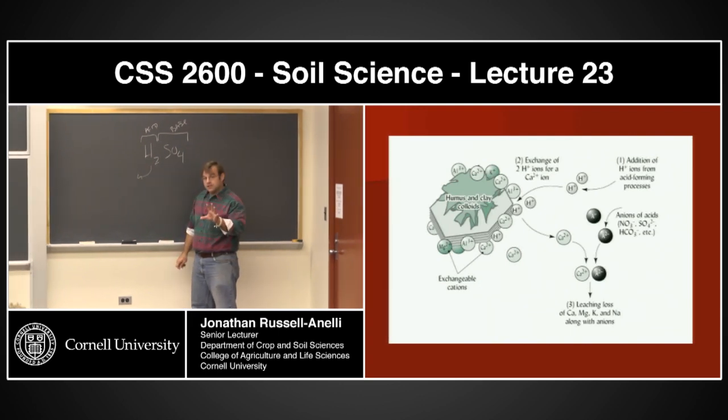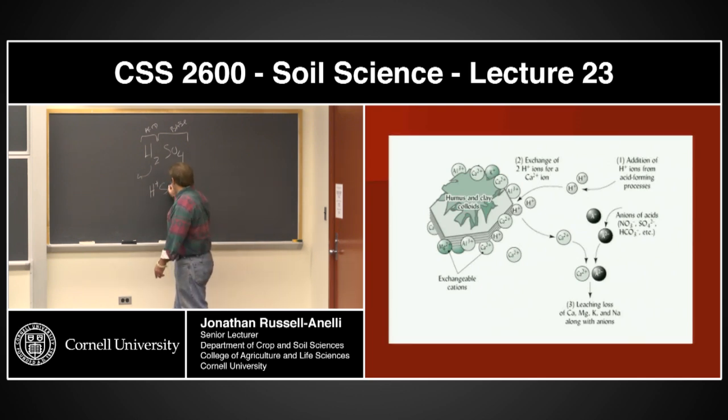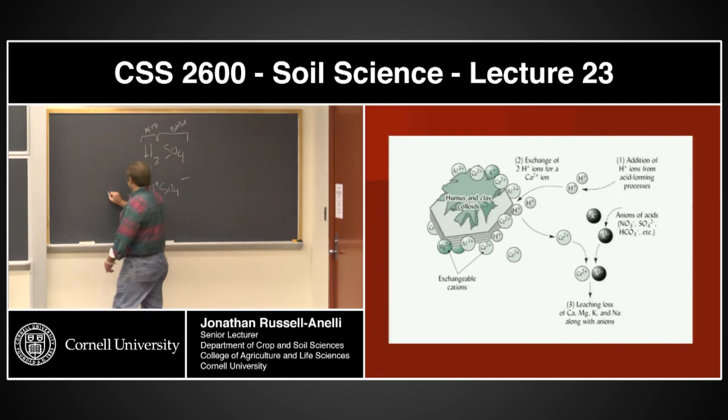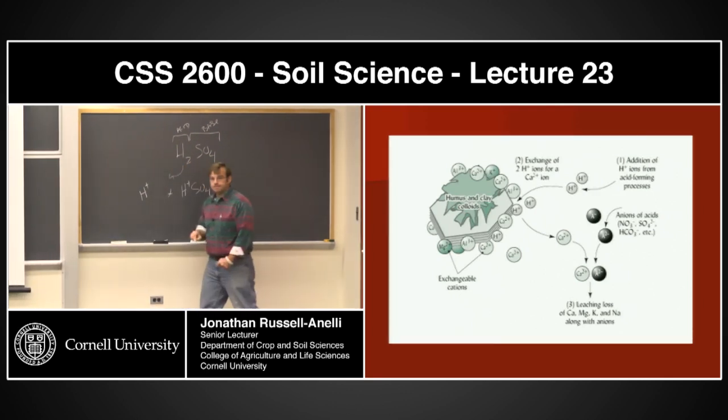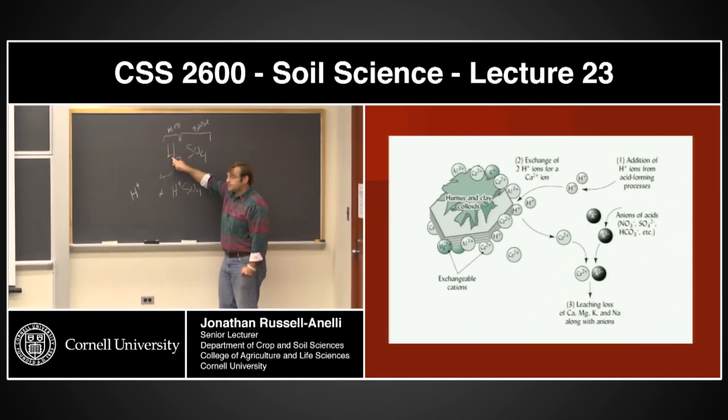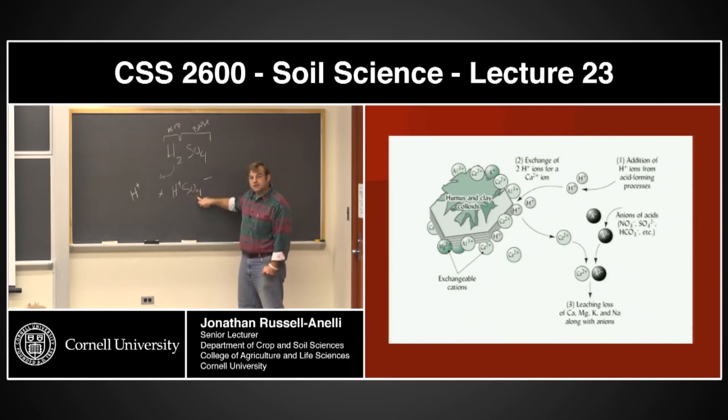Now, the other interesting thing here is as these protons leave, the base actually gets stronger. Okay, so right now, this is a very strong acid. The first proton is definitely going to dissociate. So what I'm going to end up with is this. Now, by this proton dissociating, this base is getting stronger.